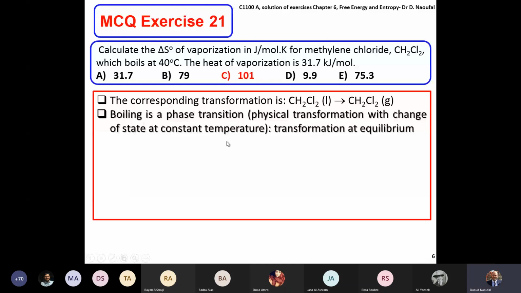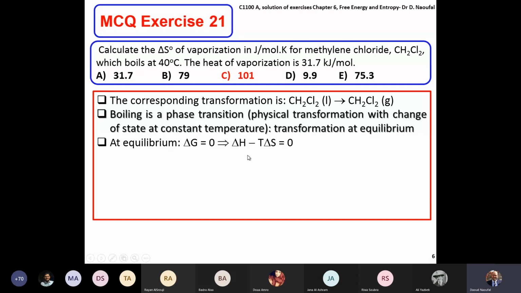And when we talk about boiling, vaporization, condensation, melting, fusion, sublimation, crystallization, all these phase transitions are at equilibrium. So, at equilibrium, delta G of the transformation is equal to 0.